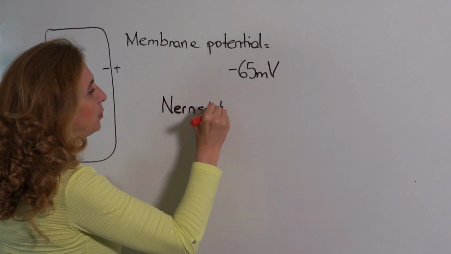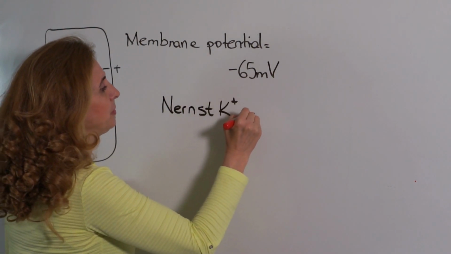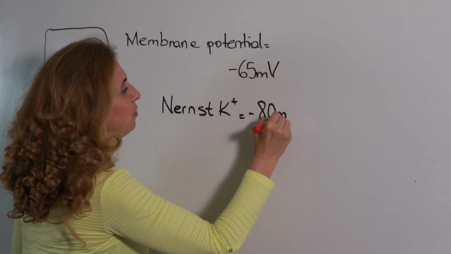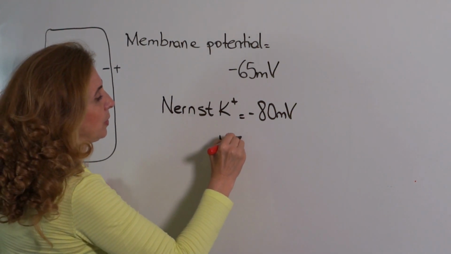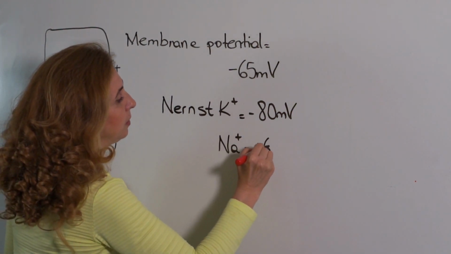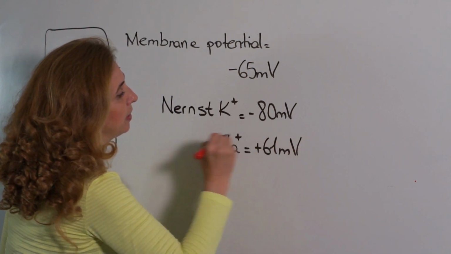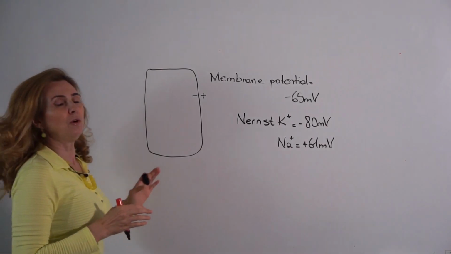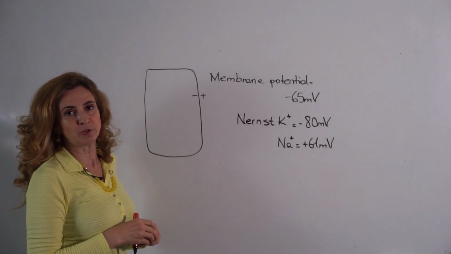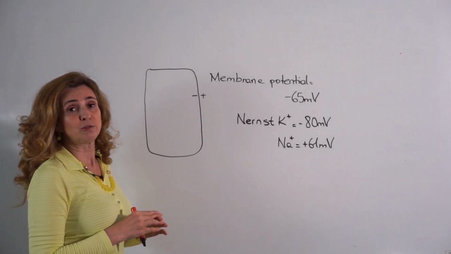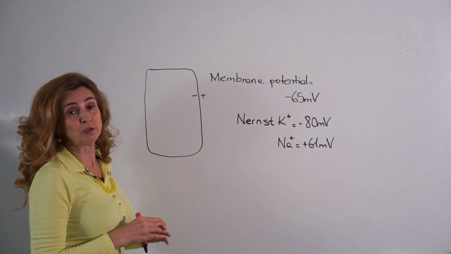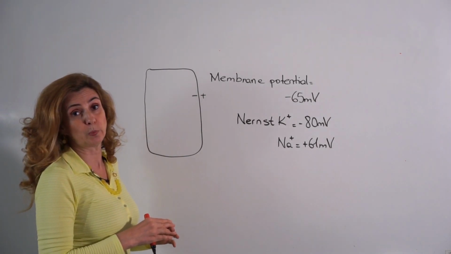Nernst potential of potassium was approximately minus 80 millivolts, and the Nernst potential of sodium was approximately plus 61 millivolts. With all this information, we must be able to decide about the direction of ion movement when an ion channel opens.